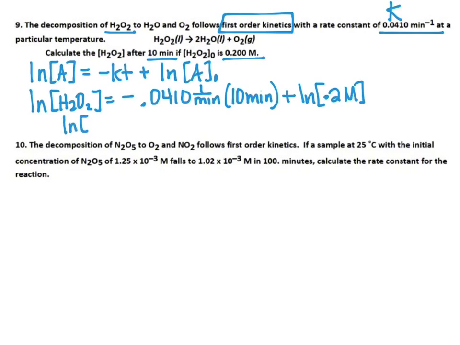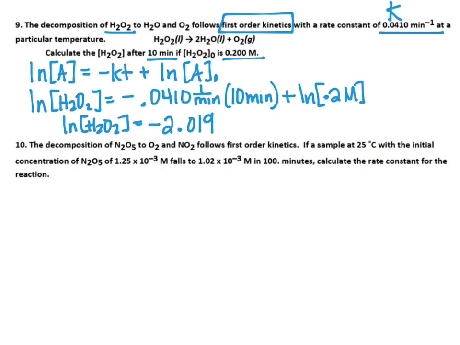So we get Ln of H2O2 is equal to, what do you guys get for the right-hand side? Negative 1.199. Is that what you got? I got something different. I got negative 2.019. Negative 2.019.